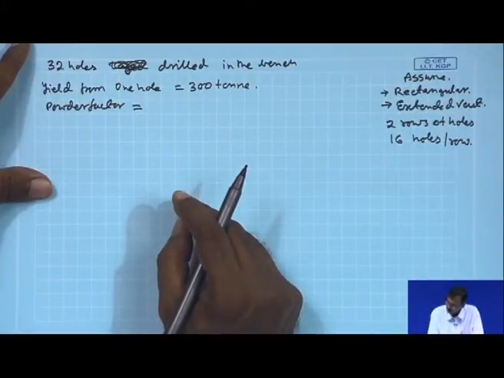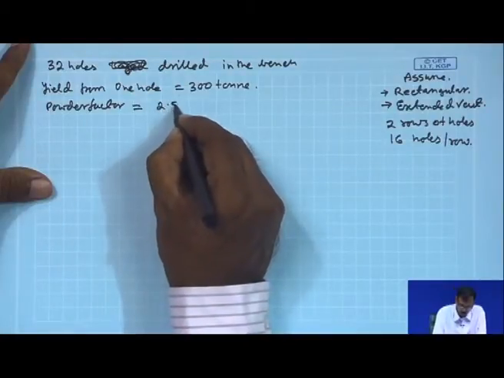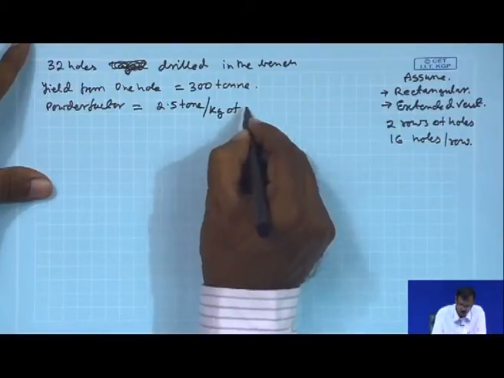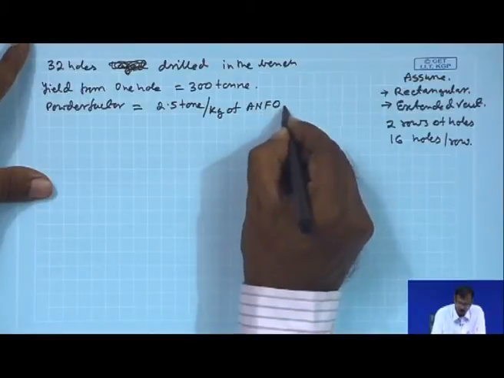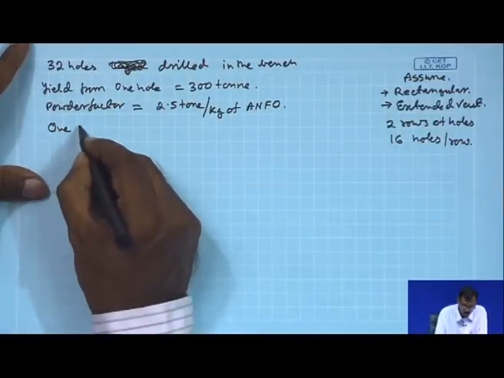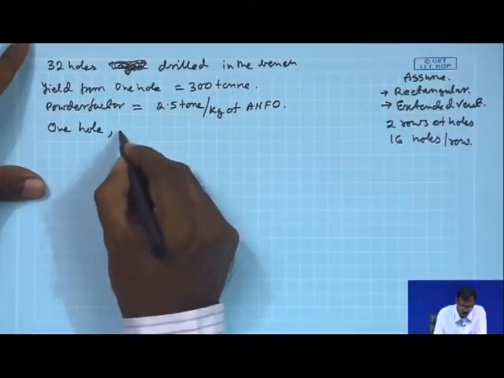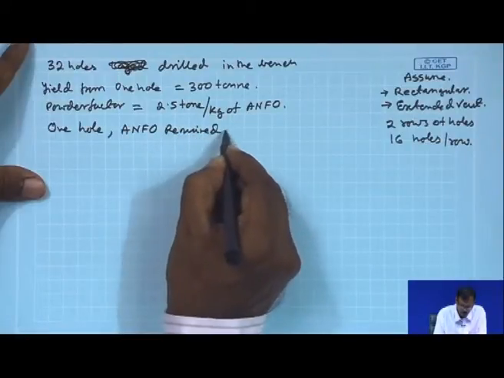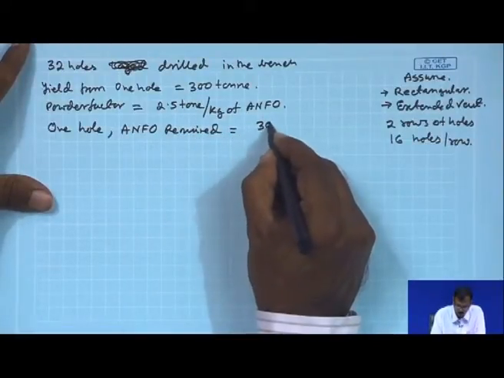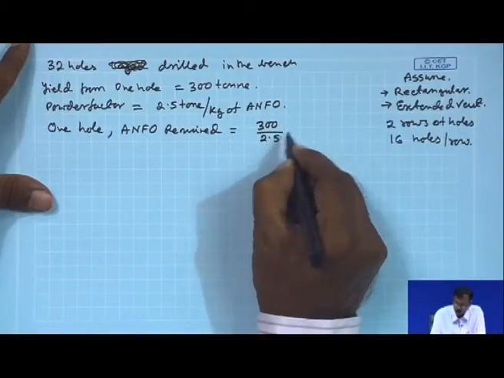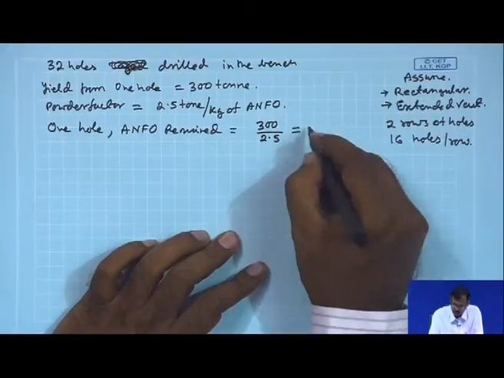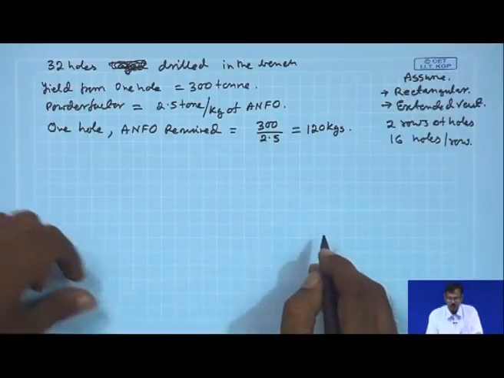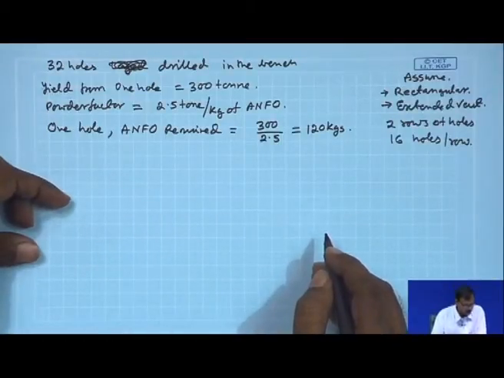It is given as 2.5 ton per kg of ANFO. So in one hole, ANFO required is equal to 300 by 2.5, so that is equal to 120 kgs of ANFO required in one hole.